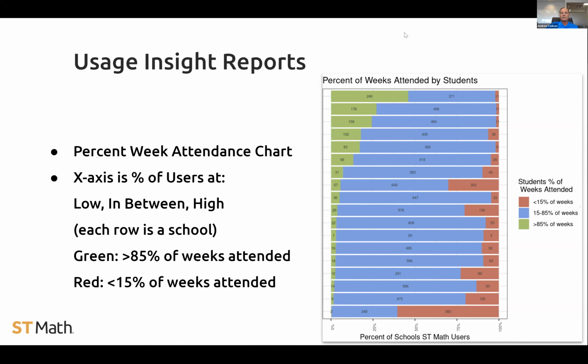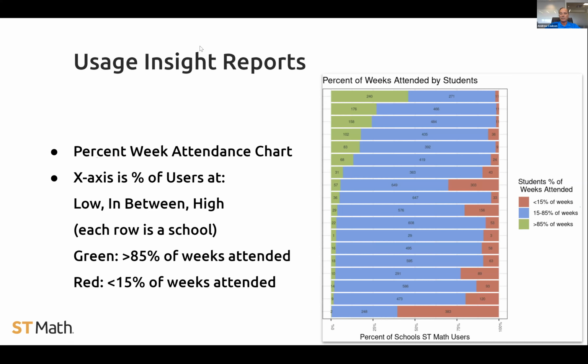So you can get some insight and comparison. Again, the x-axis is the percent of users at the school, so how did it stack up? All the schools get the same width of bar. In this case, green was 85% or more of students attending, and red was less than 15%.